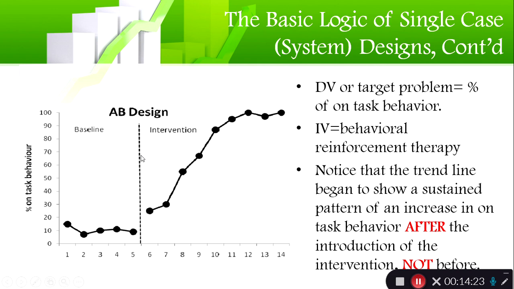And then we have the introduction of our intervention, which is represented by this dotted line here. And then only after the introduction of the intervention, we see this increasing trend line in on-task behavior. So that's essentially what we want to see here, that after the introduction of the intervention there's a clear and sustained trend in our dependent variable.